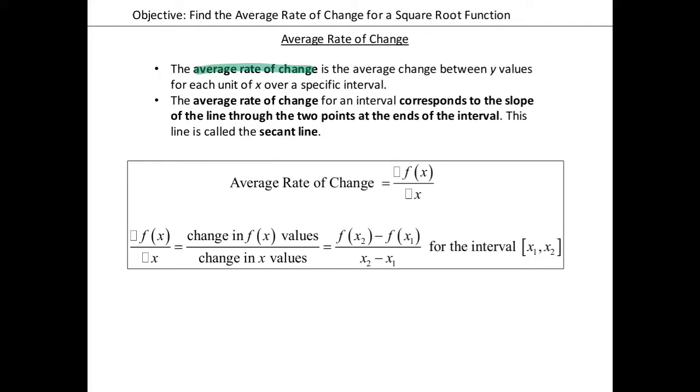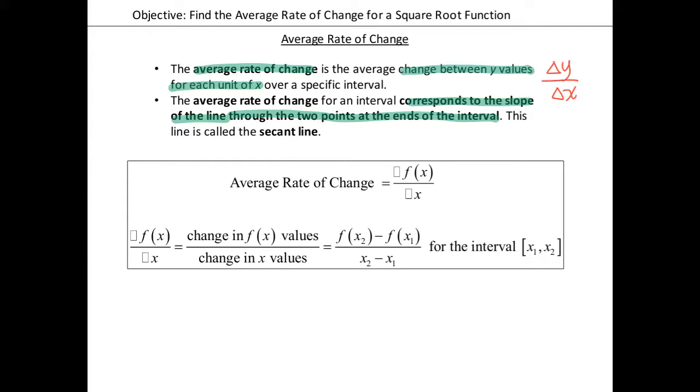So for concept, we have the average rate of change is the average change between the y values for each unit of x. That's why you do the change in y's over the change in x's. You subtract the y's over the x's subtracted. And then it goes on to say the average rate of change for the interval corresponds to the slope of the line that passes through the 2 points at the ends of the interval.